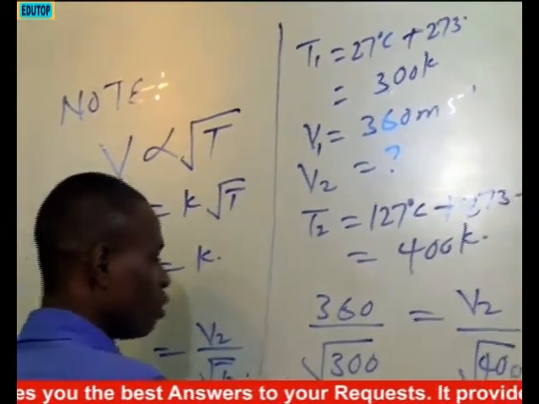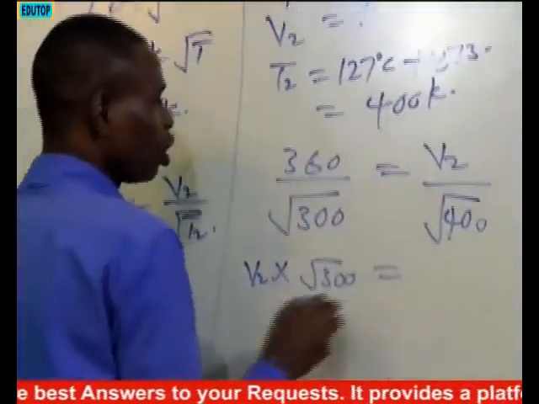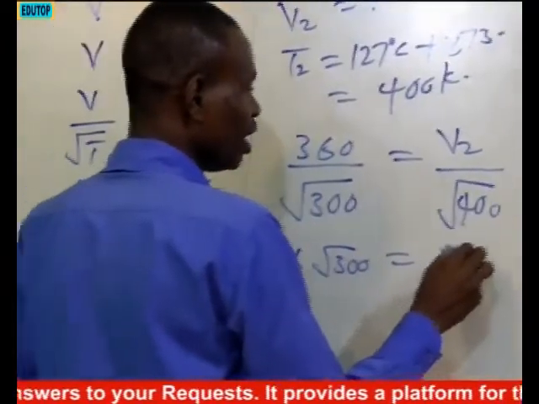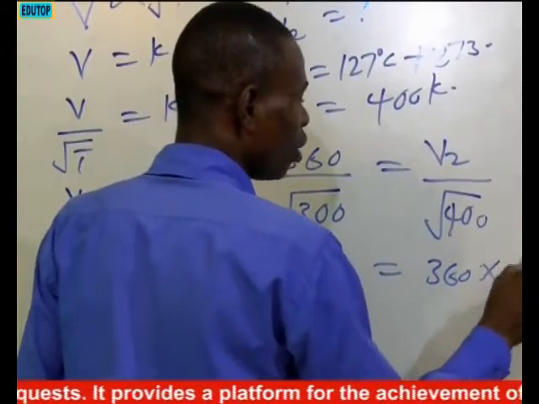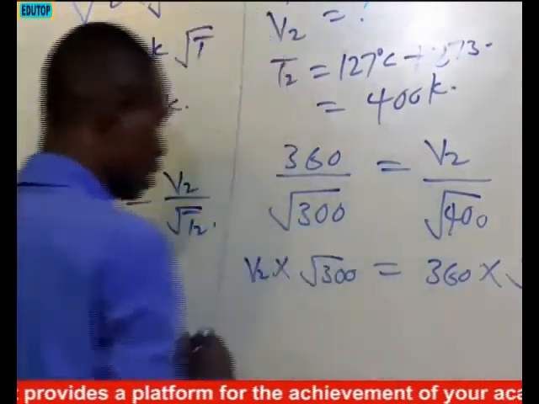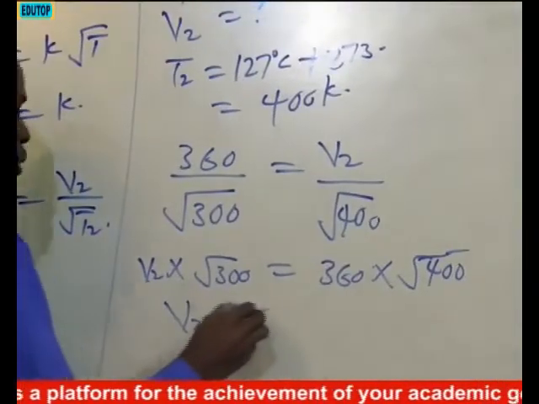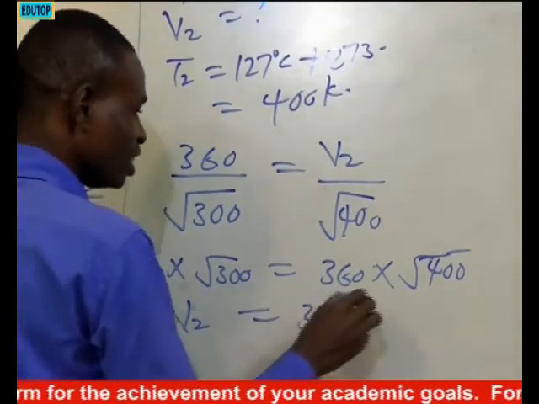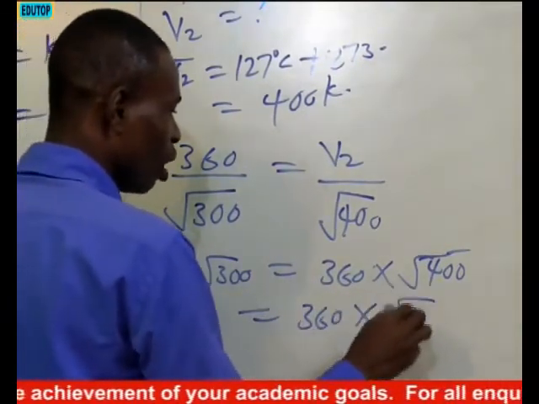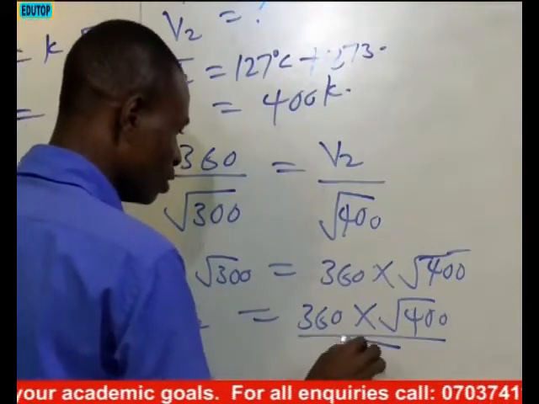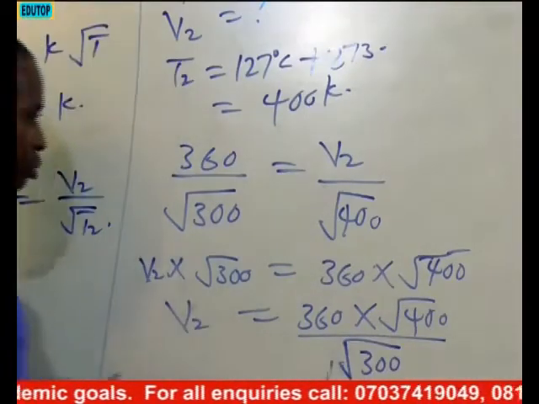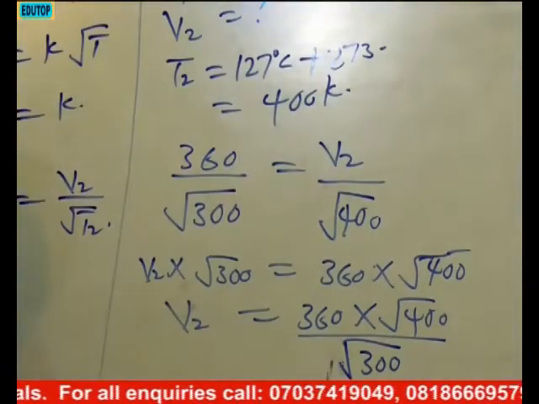V2 times square root of 300 is equal to 360 times square root of 400. So V2 will be equal to 360 times square root of 400 divided by square root of 300.